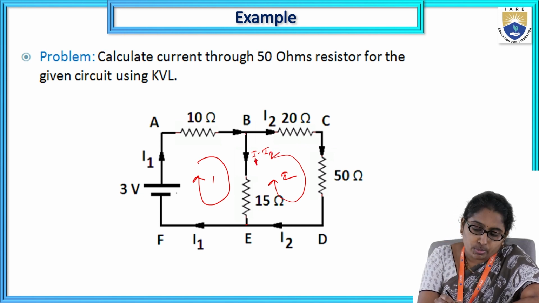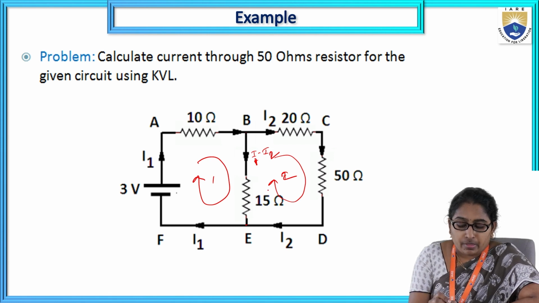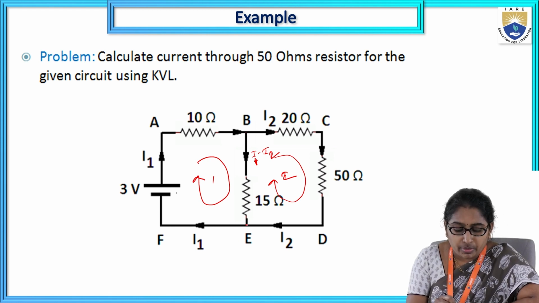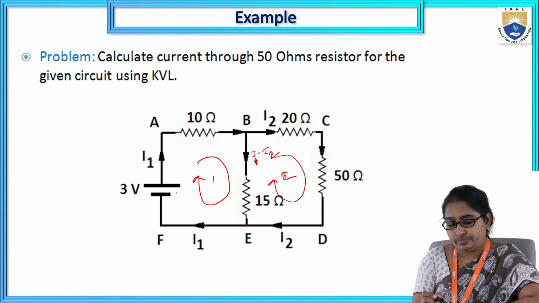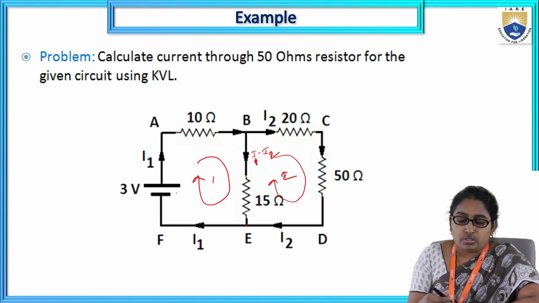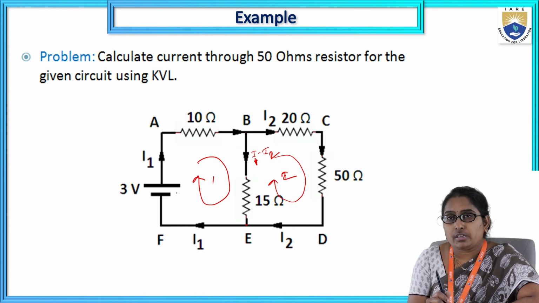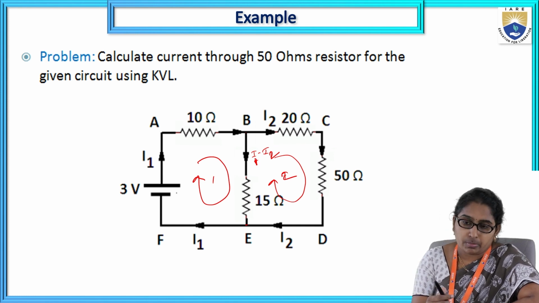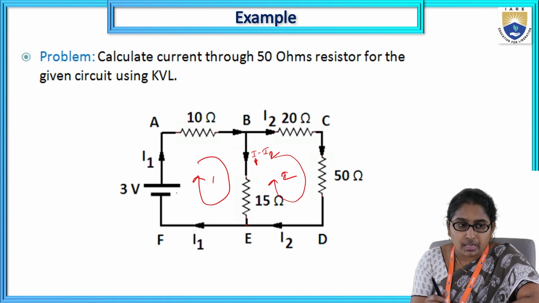Apply KCL at point B. Now at point E, applying KCL, the current flowing in the remaining path becomes I1. That's how the currents in the branches, that is, the supply currents, are taken according to KCL.